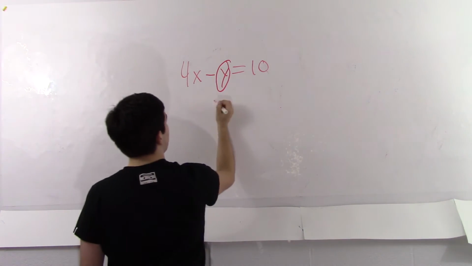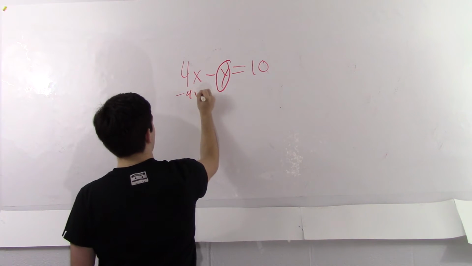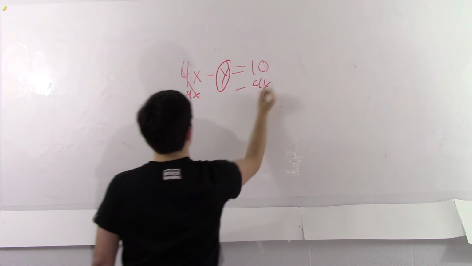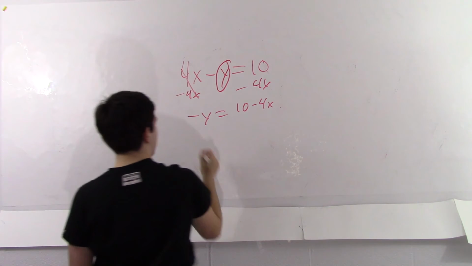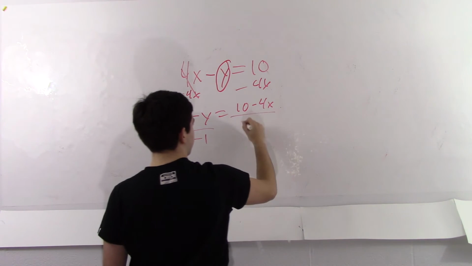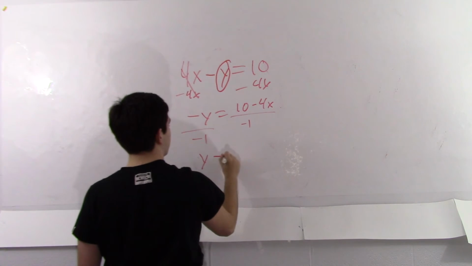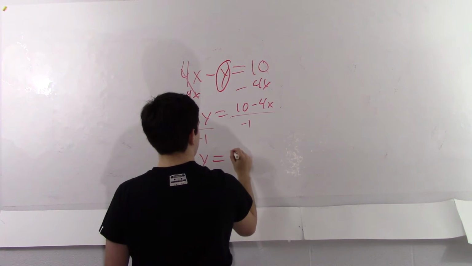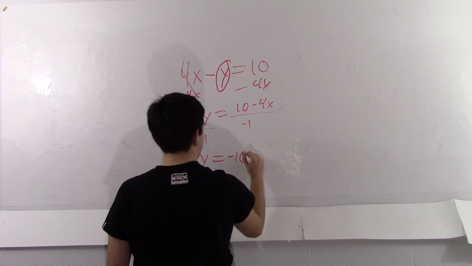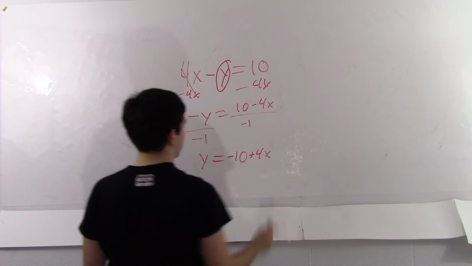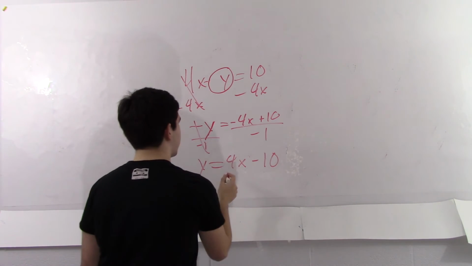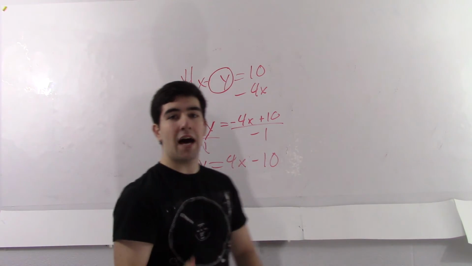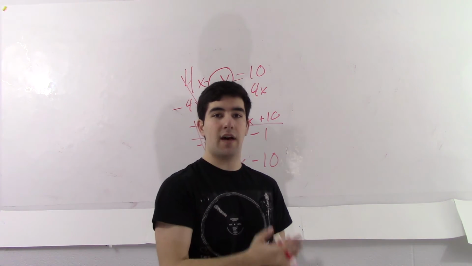So, let's get rid of this 4x. Negative y equals 10 minus 4x. And then I'm going to divide out this negative 1. So we have y equals negative 10 plus 4x. So any value of x actually works. It's just determining what value of y goes with each value of x.